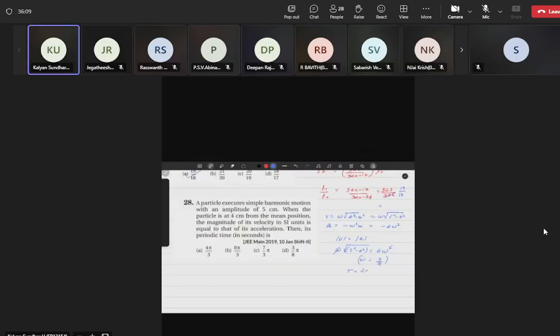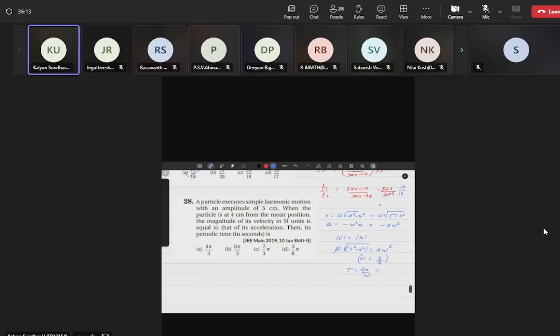Time period will be 2 pi by omega, so 8 pi by 3. Option B is the correct answer.